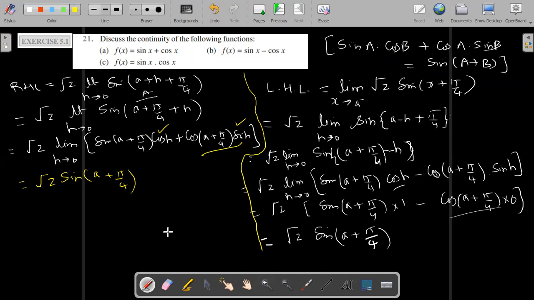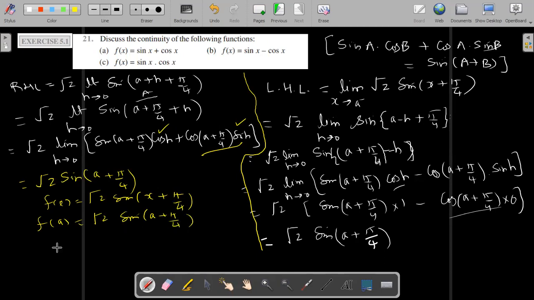So f(x), we have reduced f(x) to root 2 into sin(x + π/4). Find the value at a. So if you put a here, you will also get the same value, sin(a + π/4).